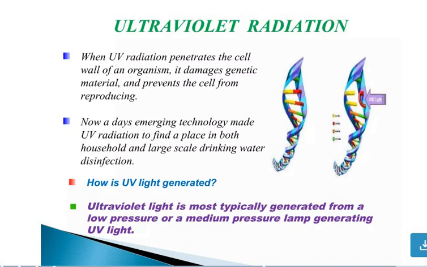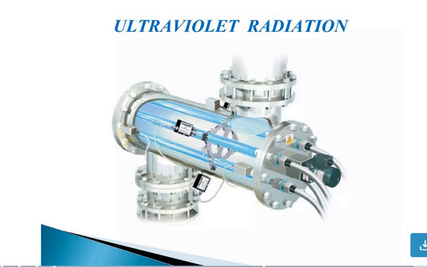So how is UV light generated? Ultraviolet light is most typically generated from a low pressure or medium pressure lamp. So you can look at this setup, the ultraviolet radiation setup.